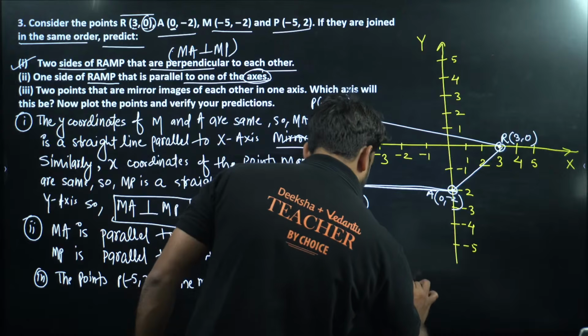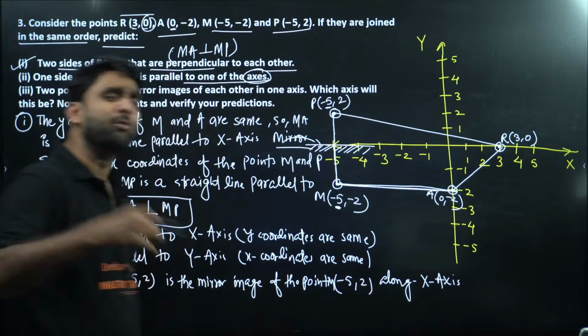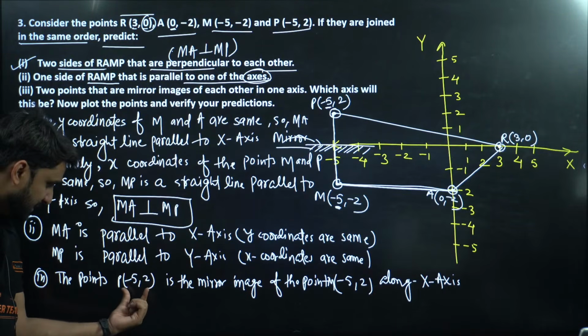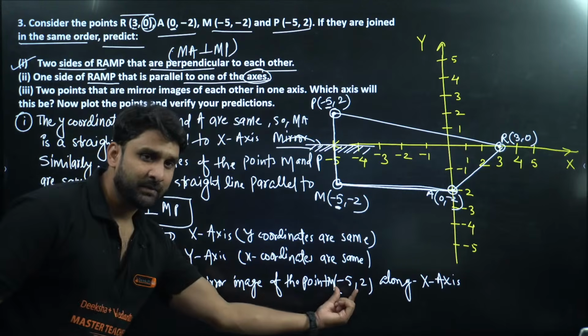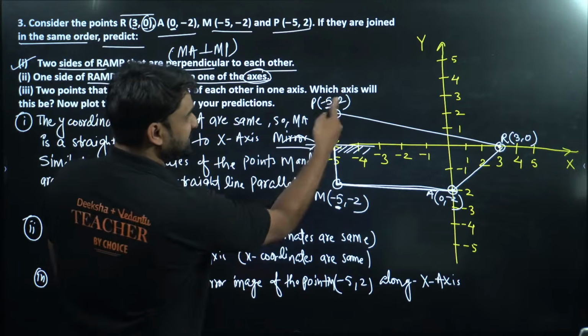Please make sure it is along the x-axis. And we can also write one more statement reversing the information. I mean, in place of P you can write M, and in place of M you can write P, because these two points are mirror images of each other.